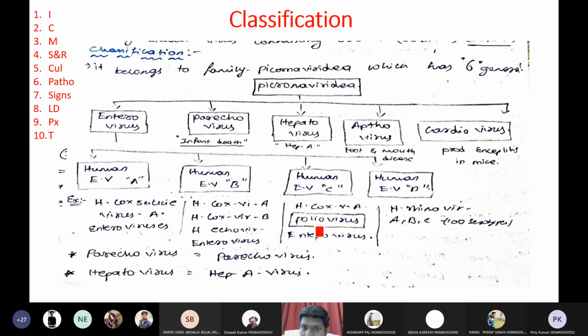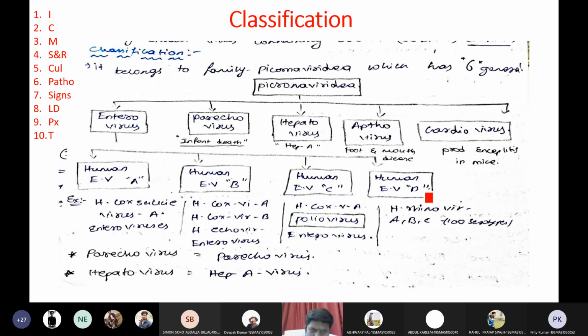Poliovirus is an RNA virus belonging to the family Picornaviridae, to the genus enterovirus, to the subclass of enterovirus C. You must write like that. If I ask what is rhinovirus, you should say rhinovirus belongs to the family Picornaviridae, to the genus enterovirus, to the subclass of enterovirus D.